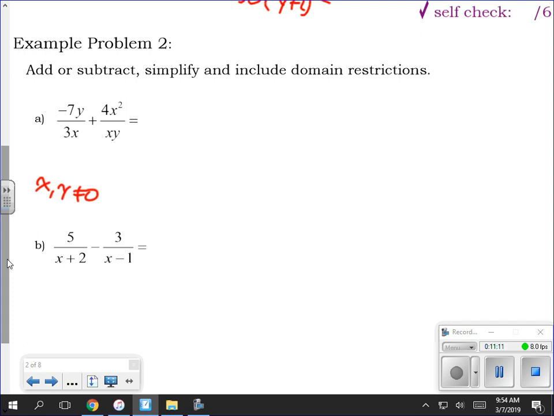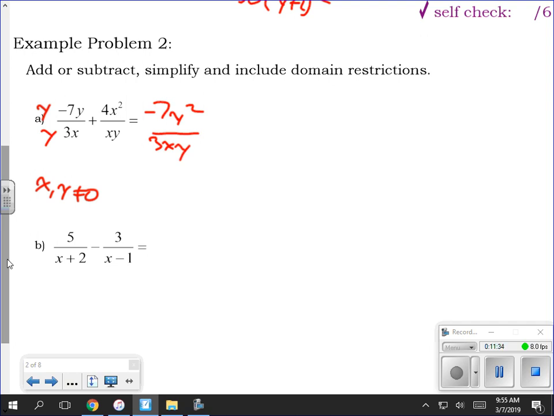What is in the second denominator that is not in my first denominator? Y. So I need to get a y into here, so that means I multiply this fraction by y over y. And when I do that, I get negative 7y squared over 3xy. Okay.